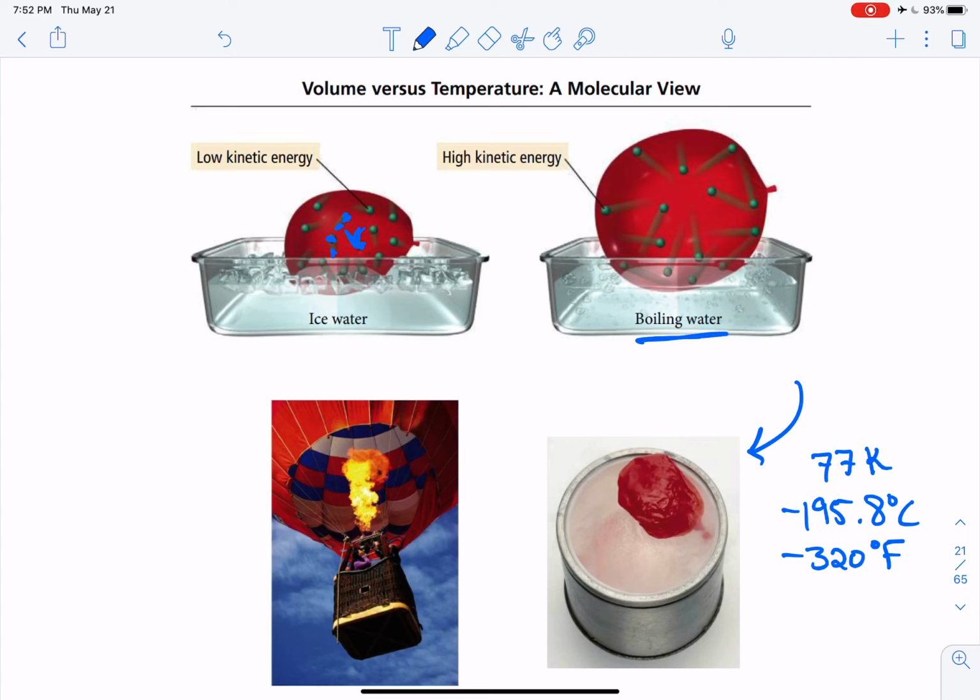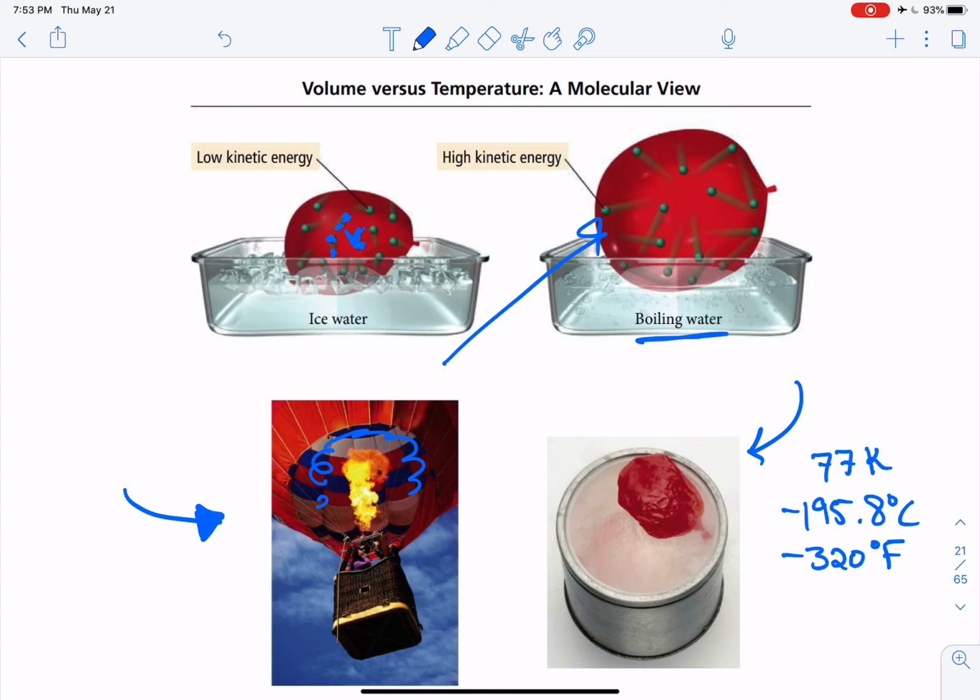And then on the other hand, we have this picture over here showing a hot air balloon. Now the reason the hot air balloon is floating is because we're heating up the gas molecules that are inside the balloon, and when we do that, we can see that they expand. So what's happening inside the balloon is that the air in there is becoming less dense.